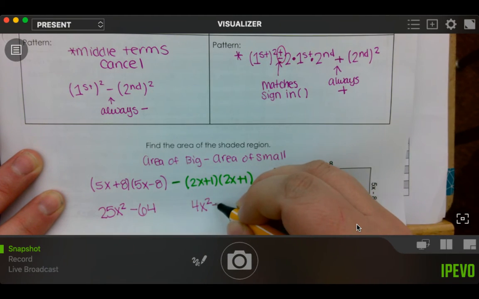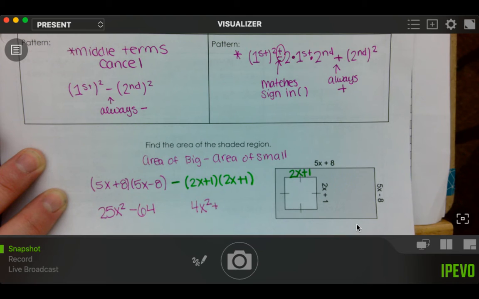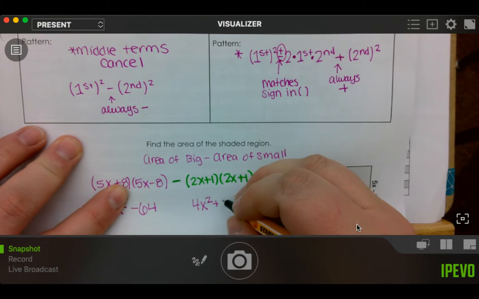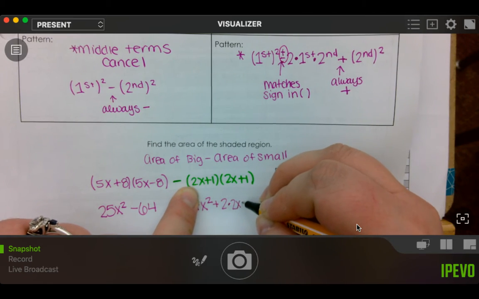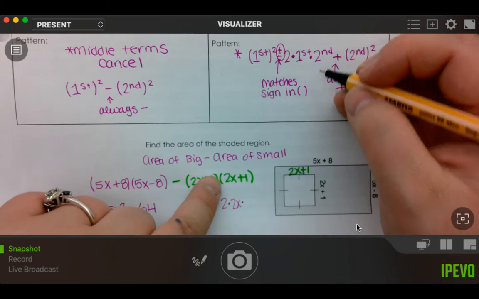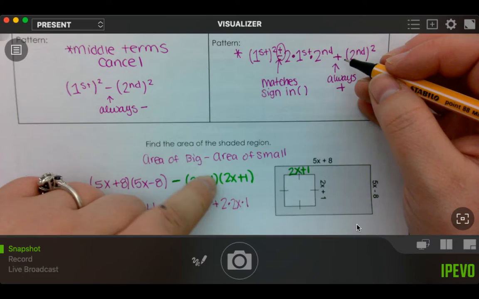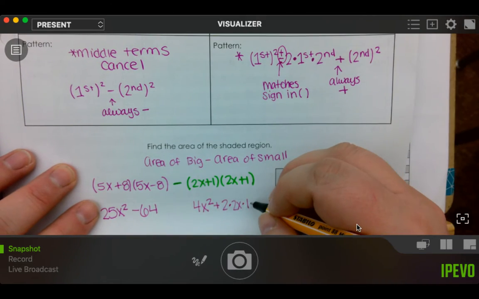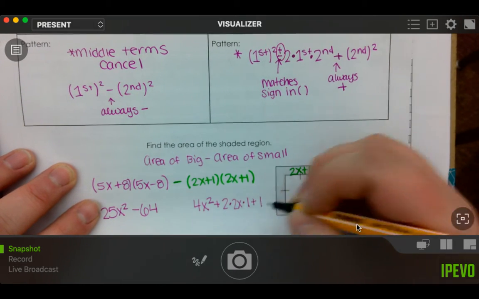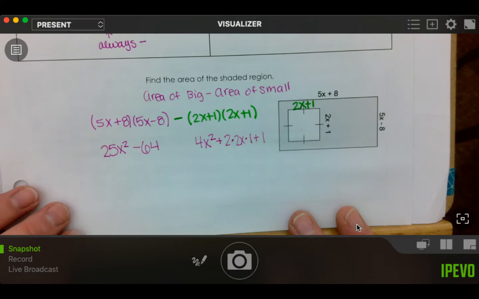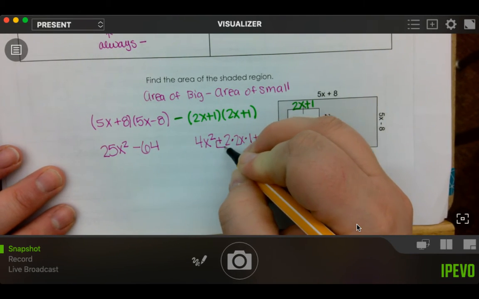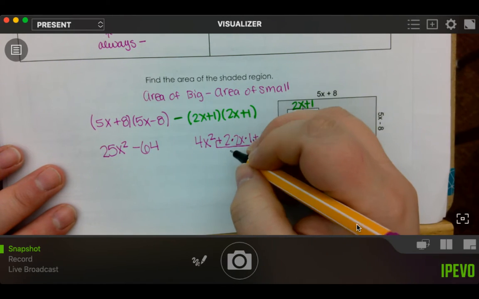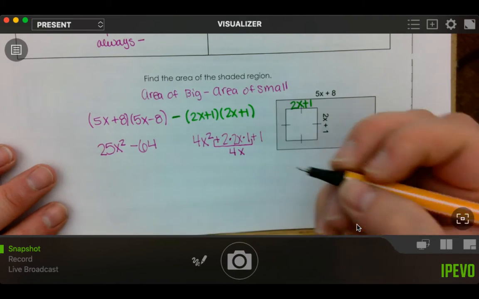So this one will be a plus because there's a plus in the parentheses. And then it'll be 2 times the first thing, which is 2x, times the second thing, which is 1. And then at the end, it'll be the second thing squared. Well, 1 squared is just 1. So I'm just using my pattern here. And then really quickly before I move on, 2 times 2x times 1 is just 4x.